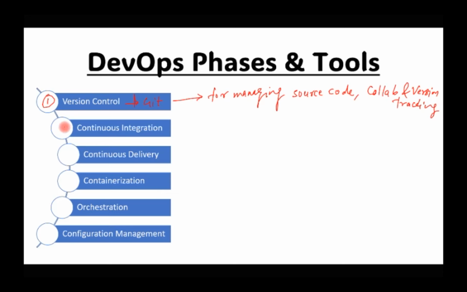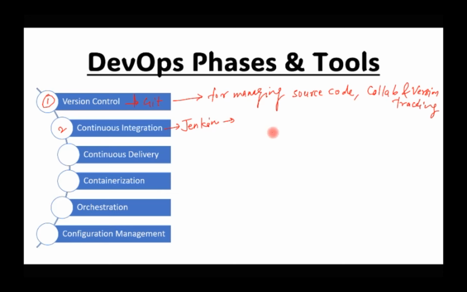The next phase is continuous integration. The best tool for this one is Jenkins. So what is this tool? It's an open source automation server for building, testing, and deploying code.